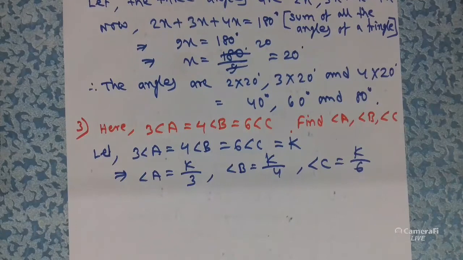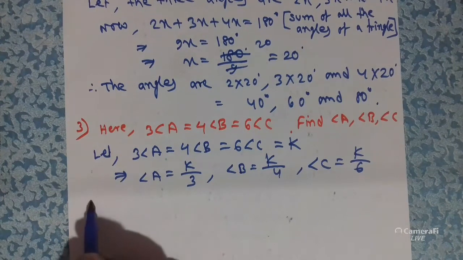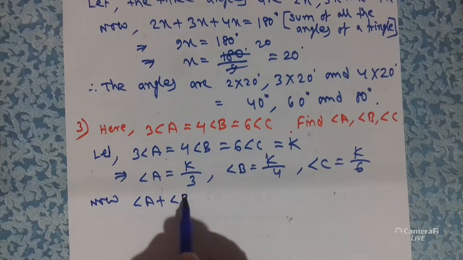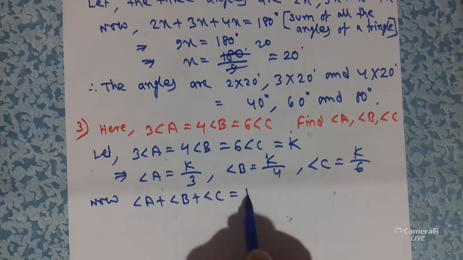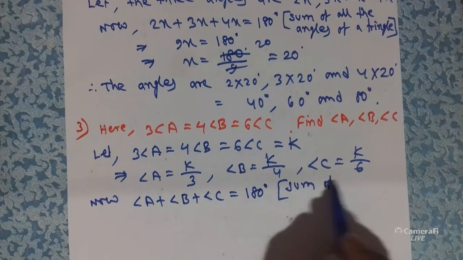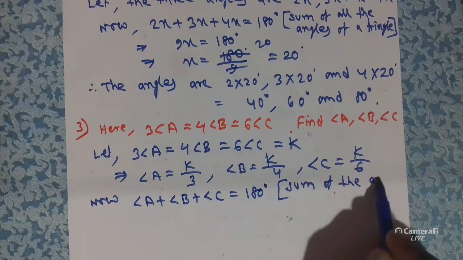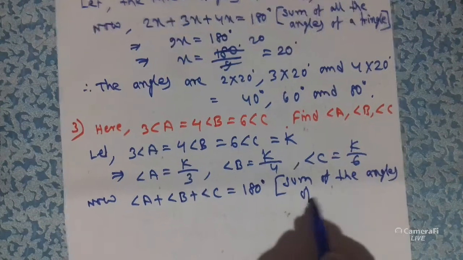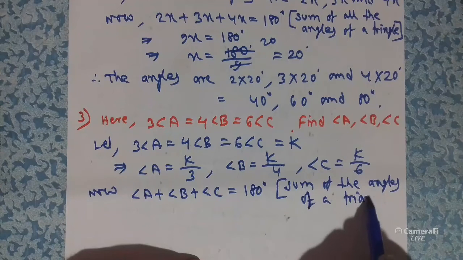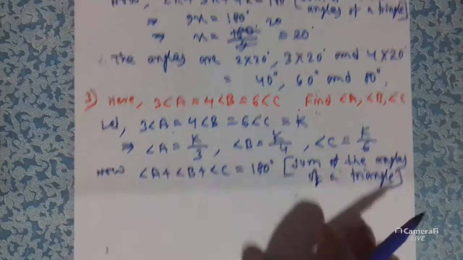Okay. Now these are the 3 angles, and you know that the sum of the 3 angles is 180 degrees. So now angle A plus angle B plus angle C is equal to 180 degrees, the sum of the angles of a triangle.